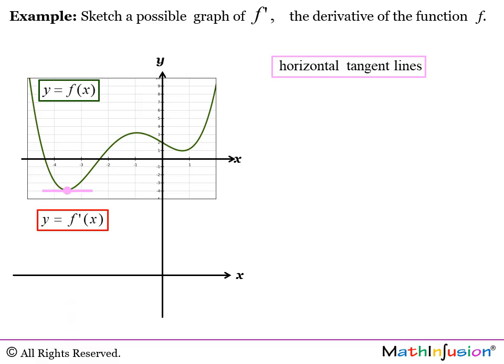It's here, and it's here. In all those places, the derivative is 0, because the slope of the horizontal line is 0. So the derivative has 0 here, and here, and here.